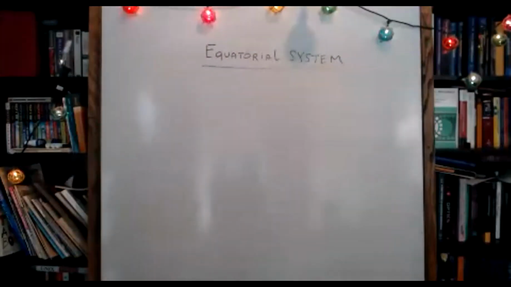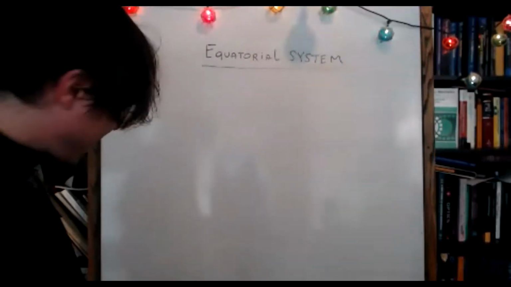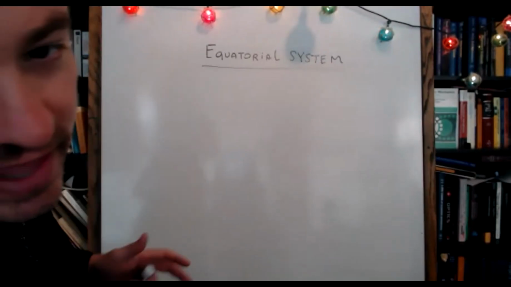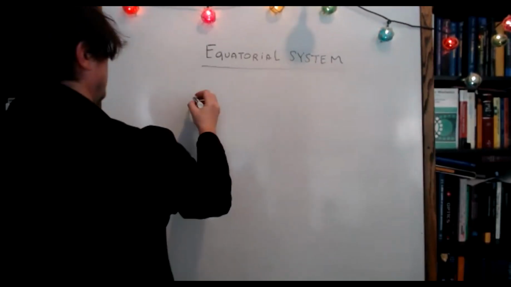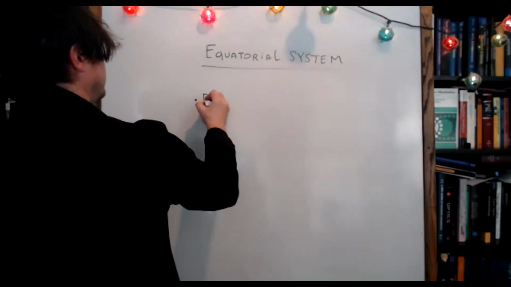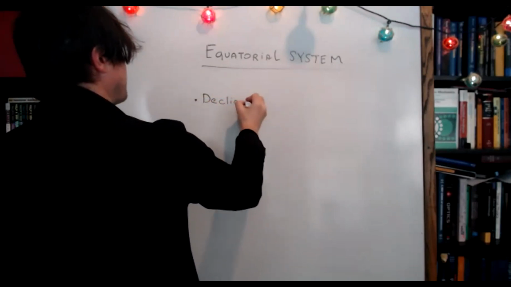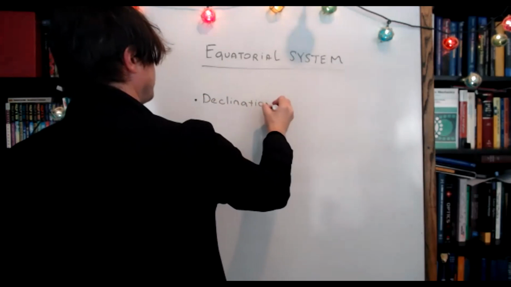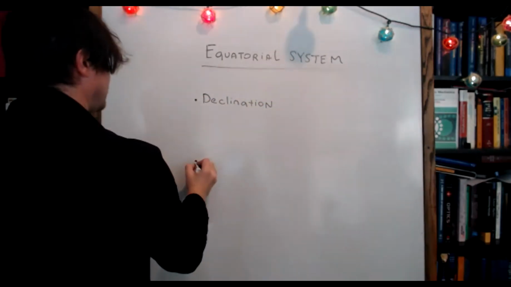The equatorial system uses two angles, which are like latitude and longitude for the sky. They are called declination and right ascension.